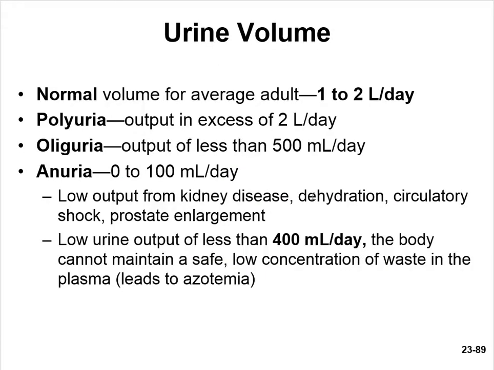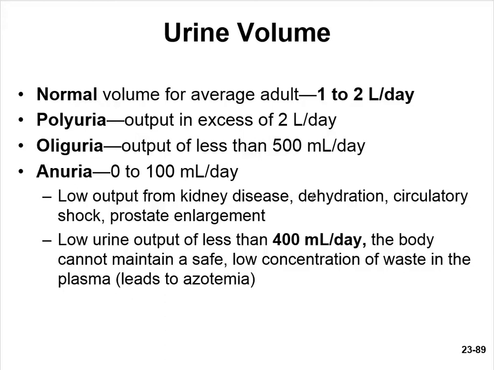For a volume, a normal individual, an adult, should have 1 to 2 liters a day. Polyuria is excess of 2 liters a day, where oliguria is less than 500 milliliters a day. That's less than half a liter. Anuria is 0 to 100 milliliters a day.